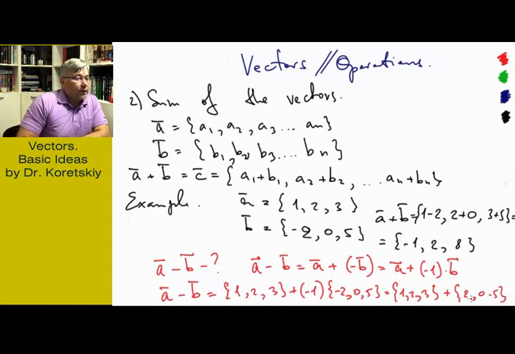And now we can just add them as we did before. But if you have the subtraction of the vectors, it's easy to calculate just taking away the components of the vector b from the components of the vector a here.